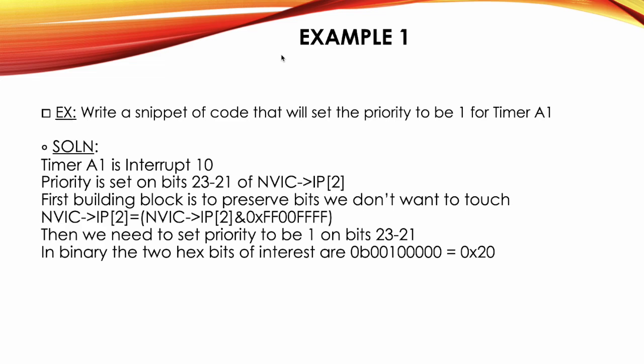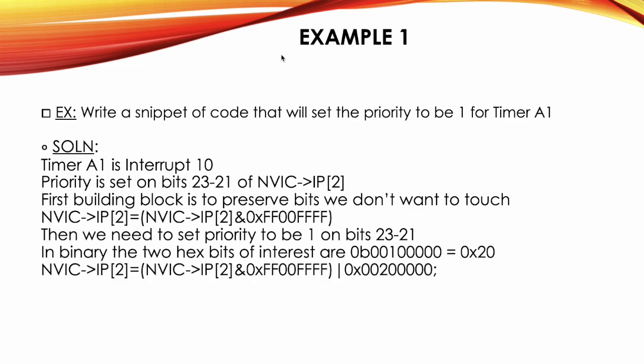Now, if I were to write this out as a full 32-bit hex value, I would write this as 0x00200000, and I'm going to OR that to set it to be 1 for NVIC IP2.